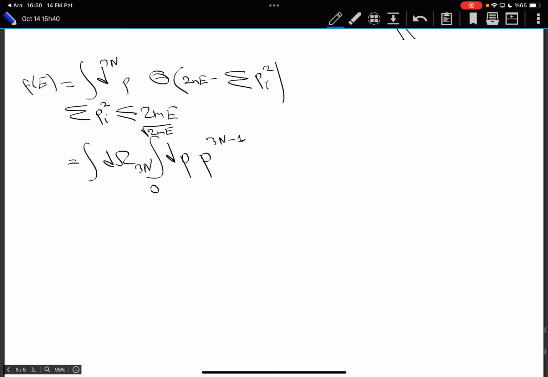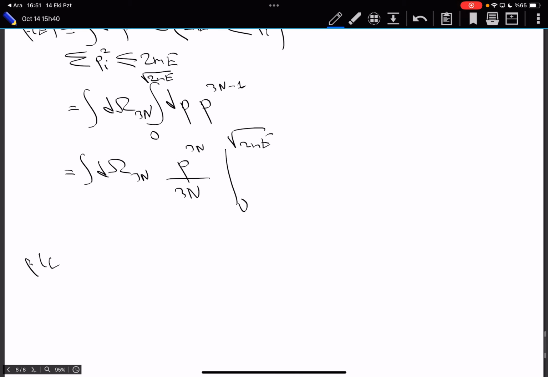The integral over the magnitude is kind of trivial. From 0 to square root of 2mE, this function f of E is equal to 2mE to the power 3n over 2 divided by 3n, times d omega 3n.